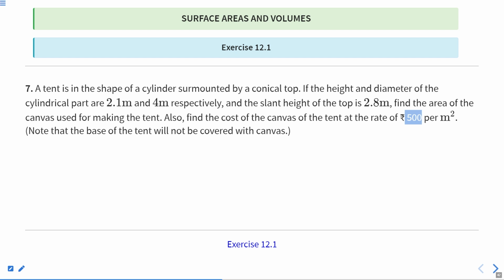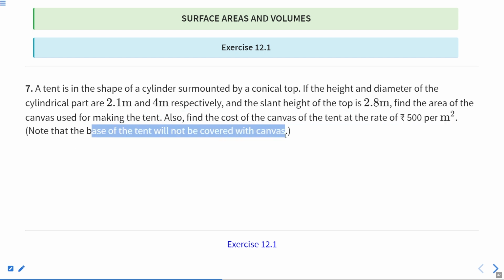First of all we need to find the area of the canvas used for making the tent, and then we also find the cost of the canvas of the tent at the rate of 500 rupees per meter square. Note that the base of the tent will not be covered with canvas.